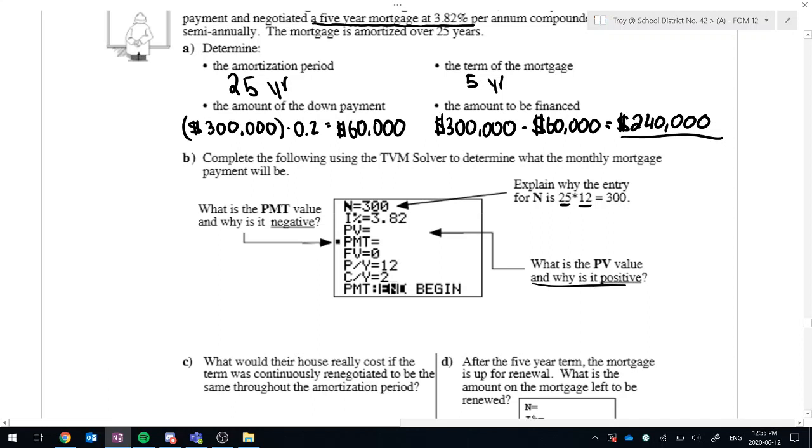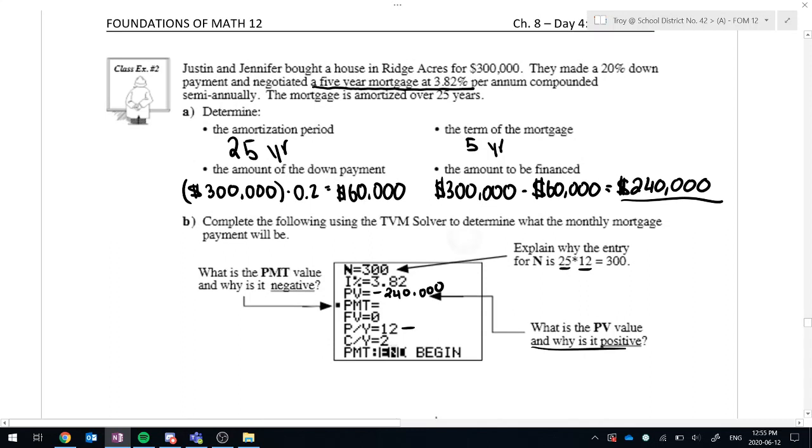Okay, so in this case, the PV value is 240,000, and it's negative because they're paying the $240,000. Right? They're borrowing that money. Okay. The payments per year, like we said, they're paying monthly, and the compounding periods per year is 2 because it is being compounded semi-annually.